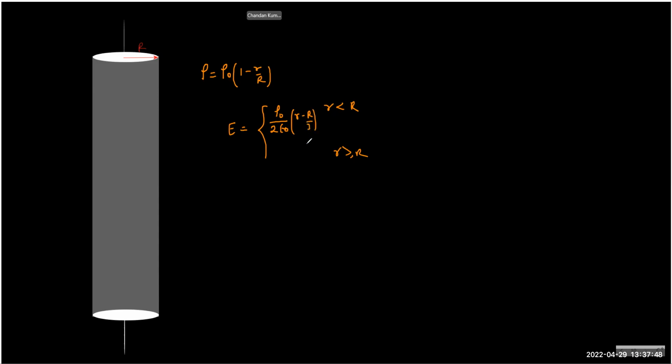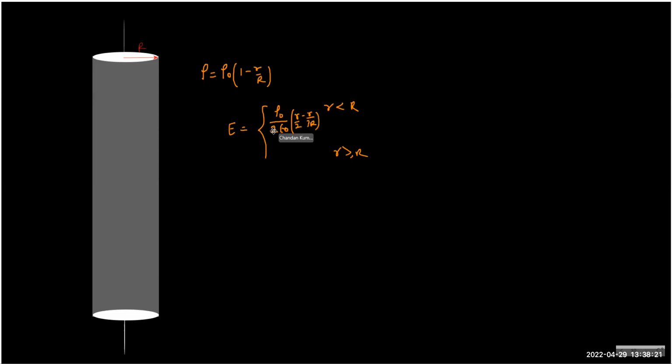Like small r by 2 minus small r by 3 capital R, and then rho naught by epsilon naught. 2 is not there. But that should be r squared because that will be dimensionally incorrect otherwise. Yes, sir.